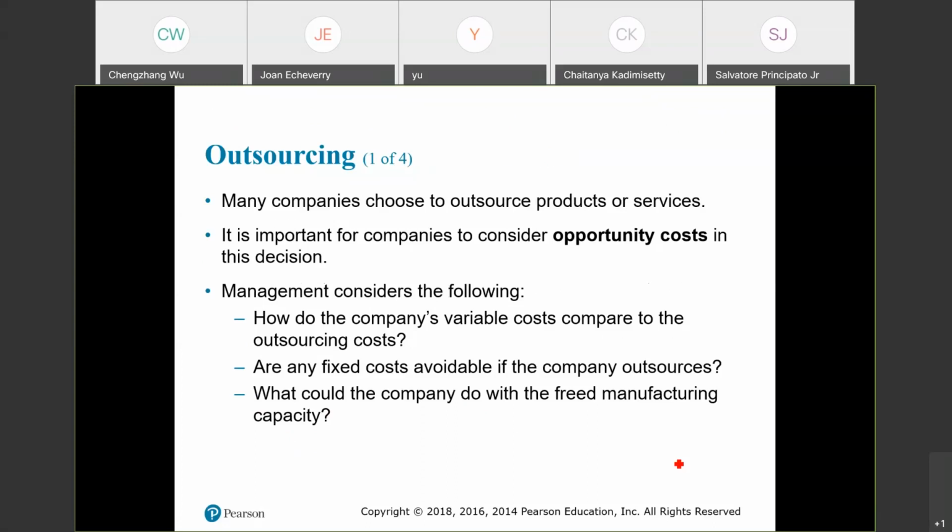How do the company's variable costs compare with the outsourcing cost? 2. Are any fixed costs avoidable if the company outsources? 3. What could the company do with the freed manufacturing capacity?